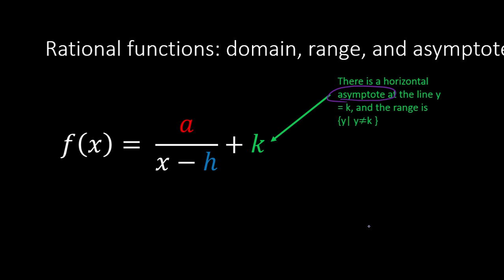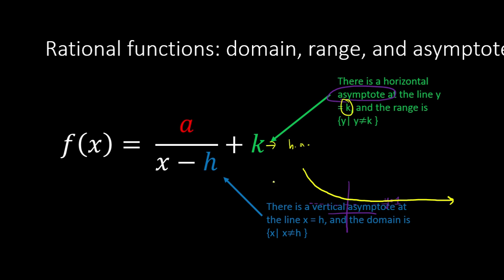So for example, if you had an asymptote of y equals 1, you may have a function that seems like it will eventually hit y equals 1, but never actually will. This would be our asymptote. So k is telling me that there is a horizontal asymptote at the line y equals k. Whatever the value of k is means that there is a horizontal asymptote.